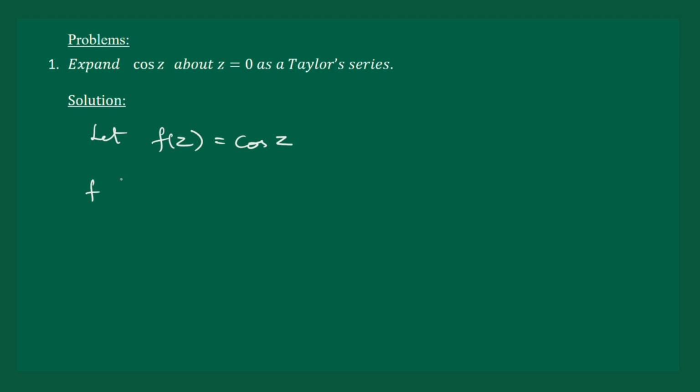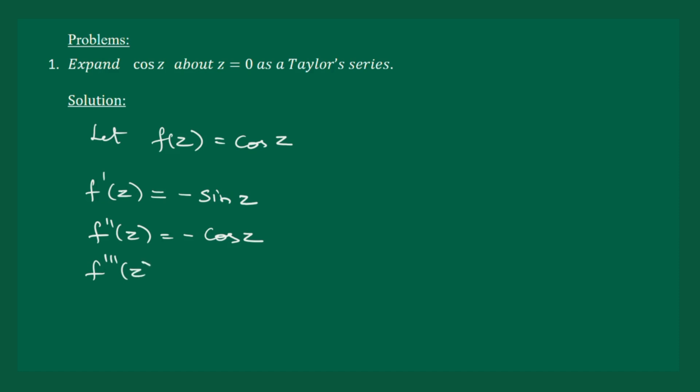Now we know the Taylor series expansion. For that we want to consider the successive derivatives. So the first order derivative, let us find. Differentiation of cos z is minus sin z. Similarly f double dash of z, again we have to differentiate it. So differentiation of sin z is cos z. Already minus is here, so we have to write minus cos z.